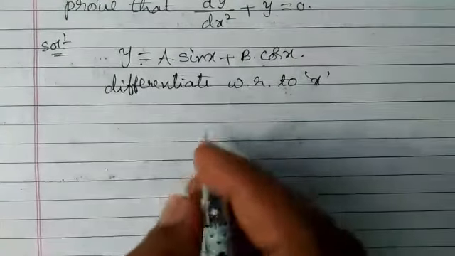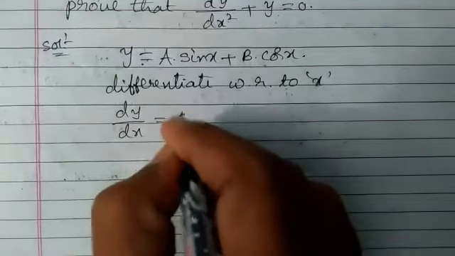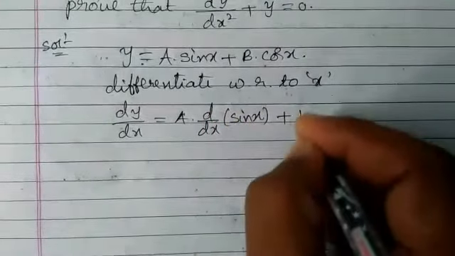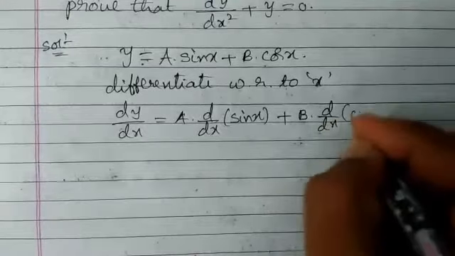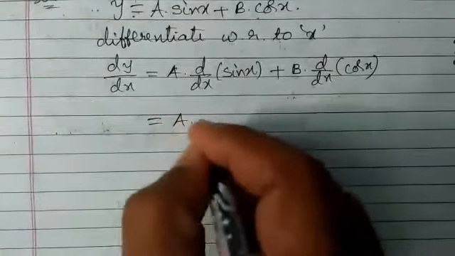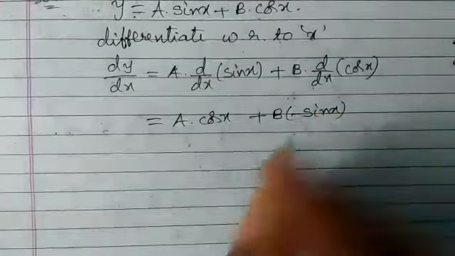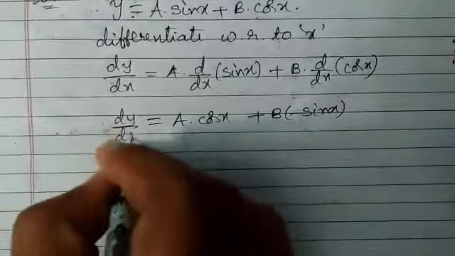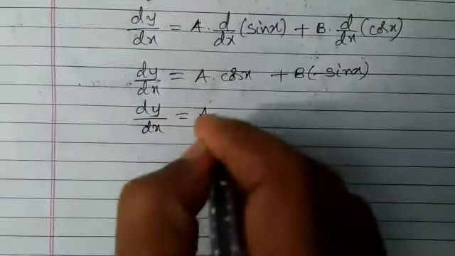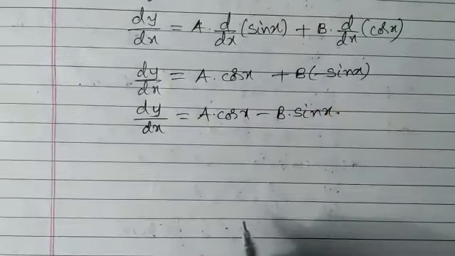Differentiate with respect to x. dy by dx is equal to, I am writing directly, guys, a into d by dx of sin x plus b into d by dx of cos x, that equals a into cos x plus b into minus sin x. Clearly dy by dx is equal to a cos x minus b sin x.